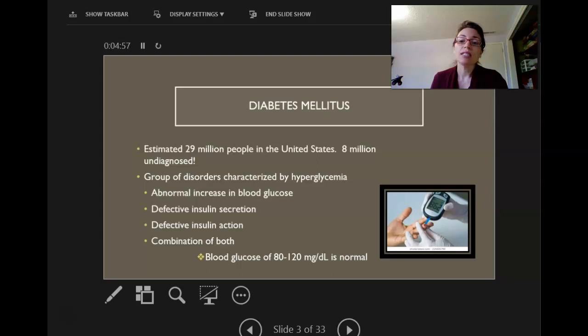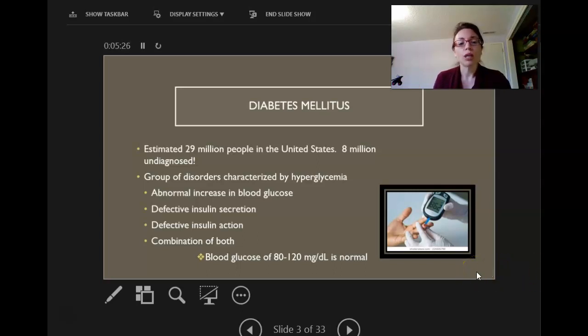And the dental hygienist plays a key role in managing oral disease in persons with diabetes, and therefore can really impact their metabolic control. And you guys have a really great opportunity to hands-on utilize this information with your patients in clinic, because we have a lot of patients who have diabetes. So this is nice for this information to actually get put into practical use while you're in school.